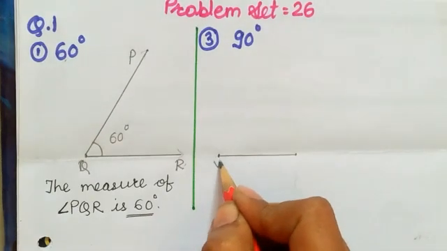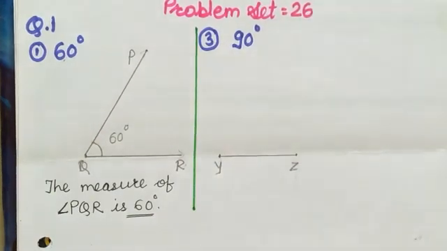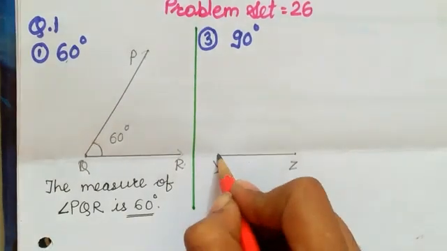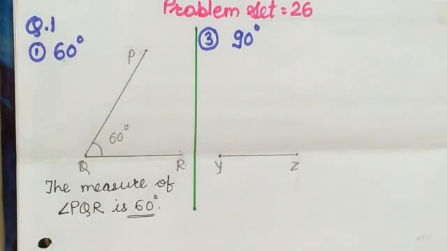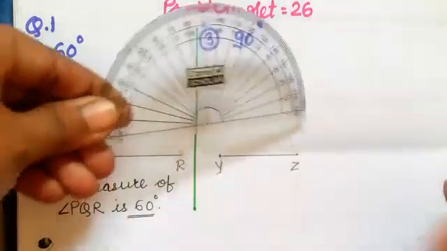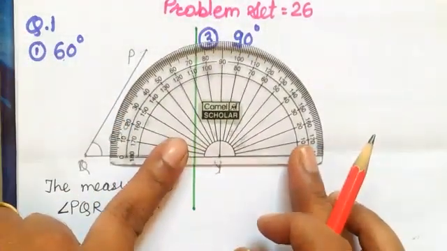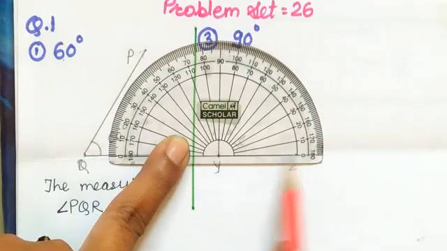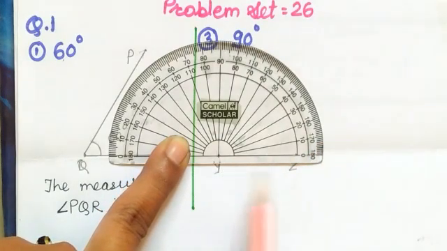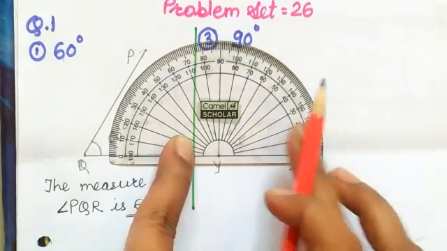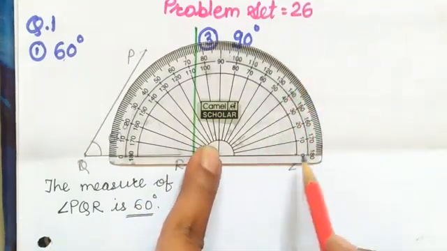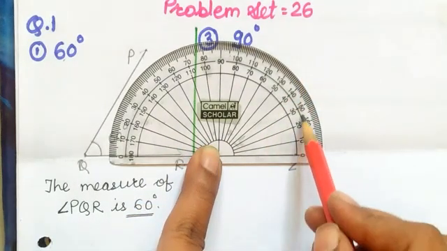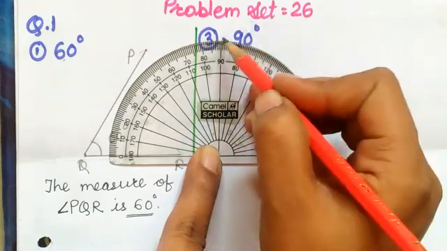Label the names Y and Z. Among these Y and Z, if Y is the vertex, then we have to place the center of the protractor over the point Y and the baseline over the arm YZ of the angle. Now for 90 degrees, we will start counting from here: 0, 10, 20, 30, and so on, and this one is the 90.